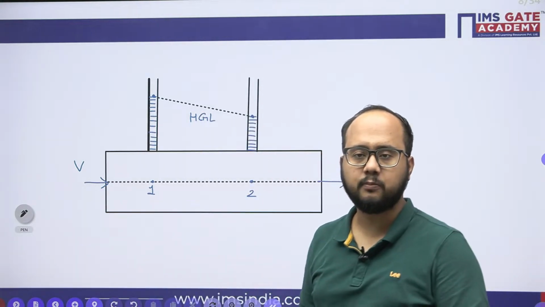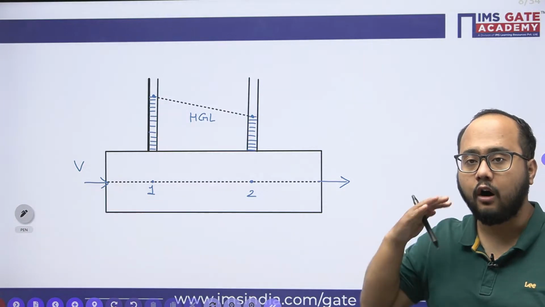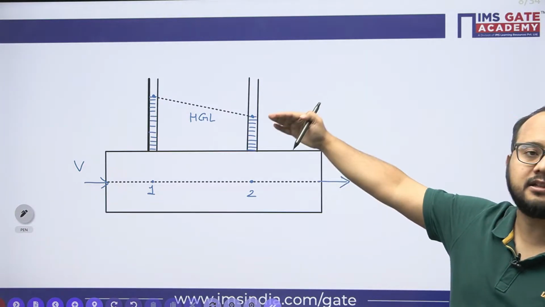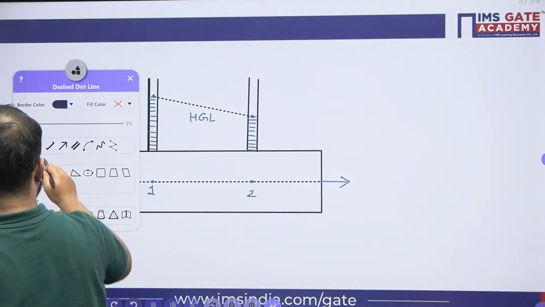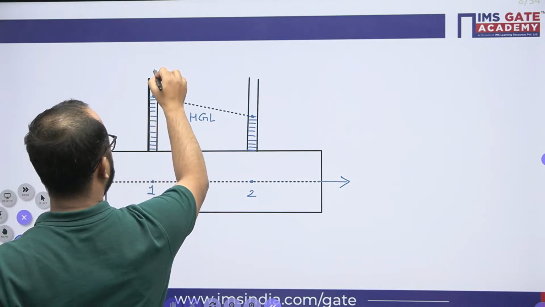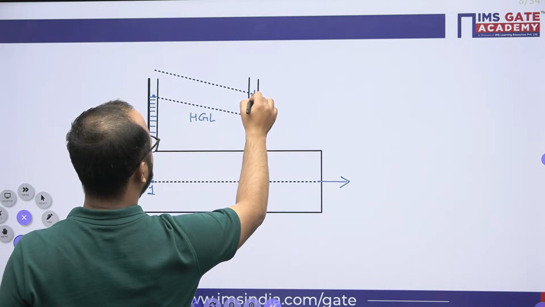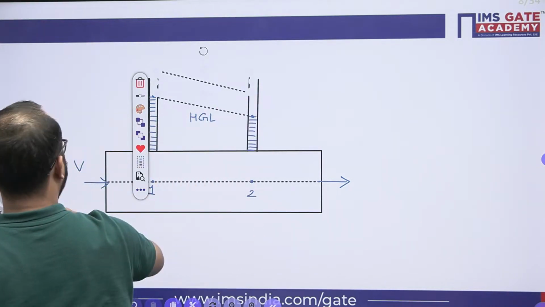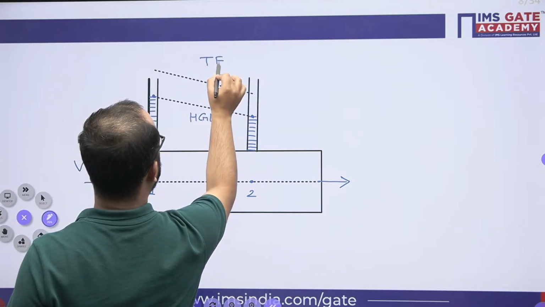Now if I ask you what will be the total energy line, you will say, sir, in HGL pressure plus datum are there, but in the total energy line kinetic is also involved. So obviously it will be above the HGL only, right? So if I have to draw the TEL also, how will I draw? Somewhere here it will be like this. Okay. Now see, this is TEL.